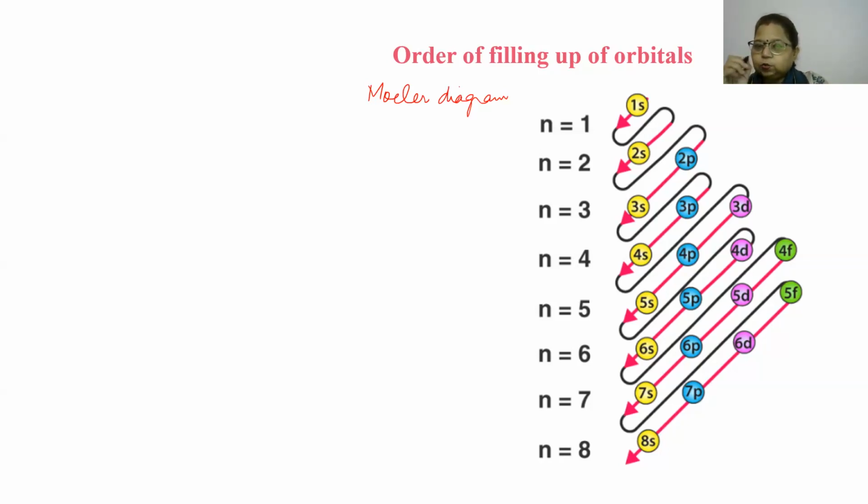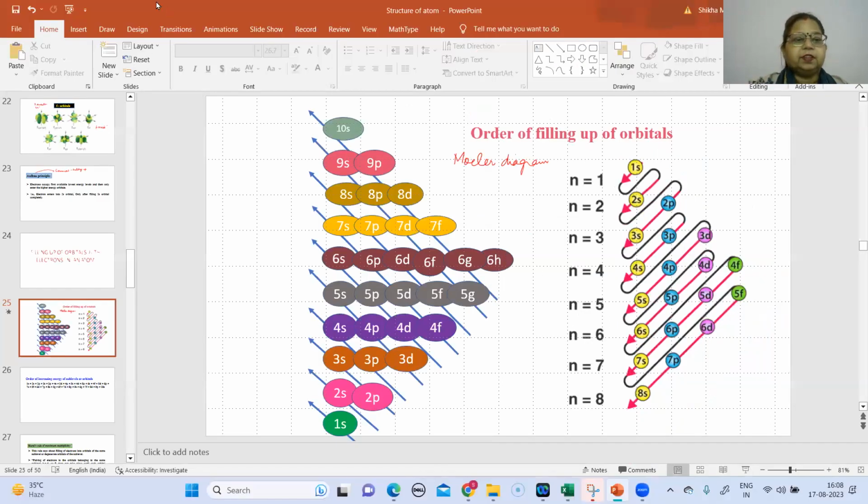Do the students of the section where this topic is covered know how to draw this? Ma'am, it's not clear, ma'am. Okay, I will tell you how to draw it with reason.